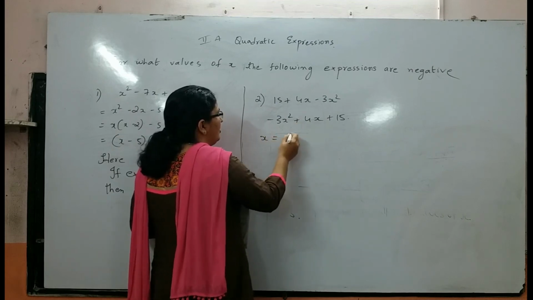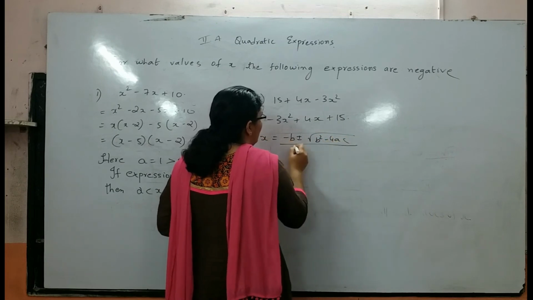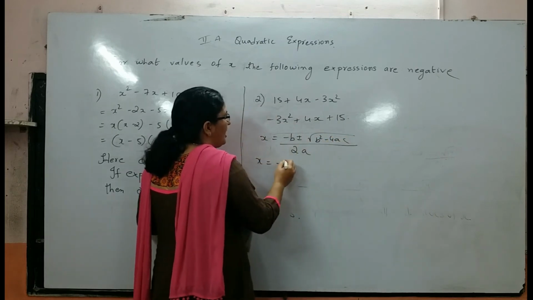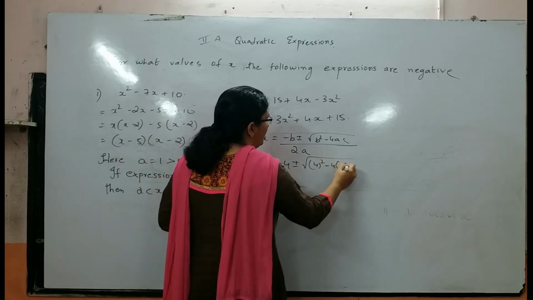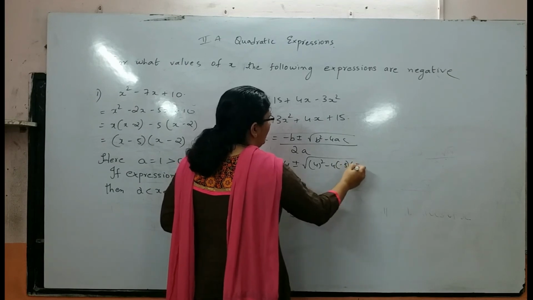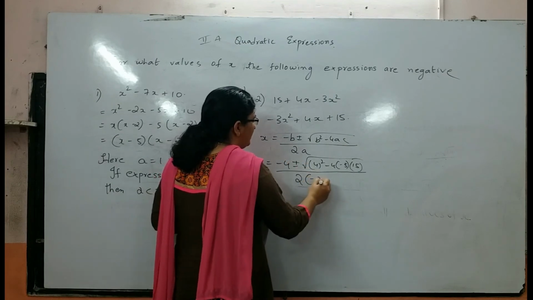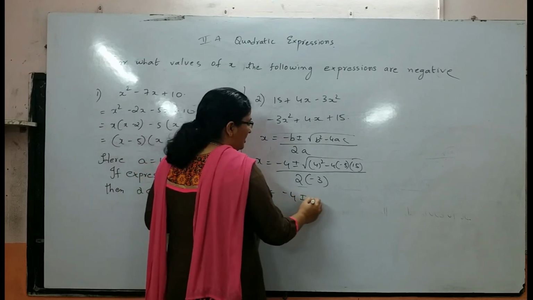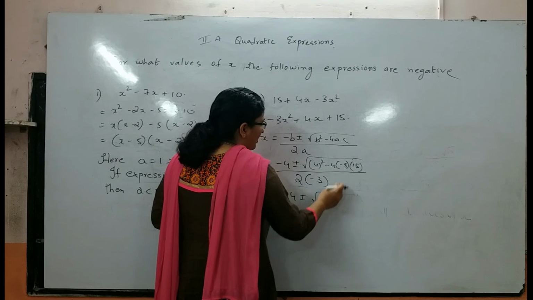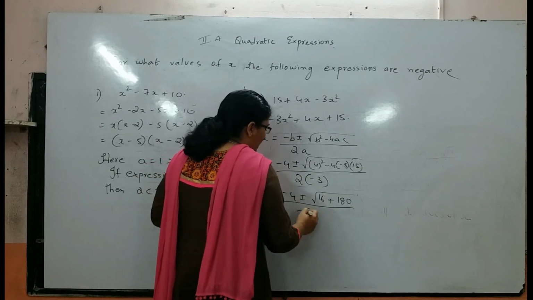Let us use x is equal to (minus b plus or minus under root of b square minus 4ac) by 2a. x is equal to (minus 4 plus or minus under root of 4 square minus 4 into minus 3 into 15) by 2 into a, that is minus 3. x is equal to (minus 4 plus or minus under root of 16 plus 15 into 12). This is 180, by 2 into minus 3 is minus 6.